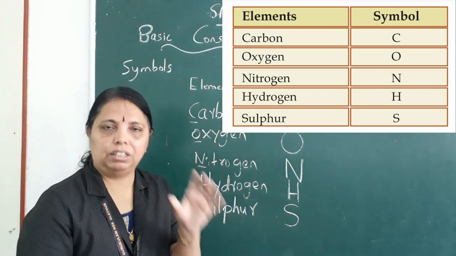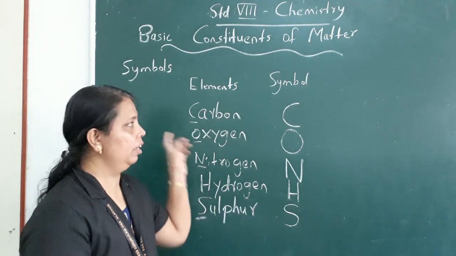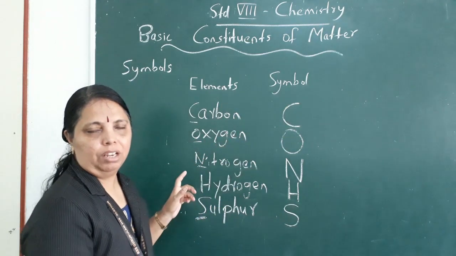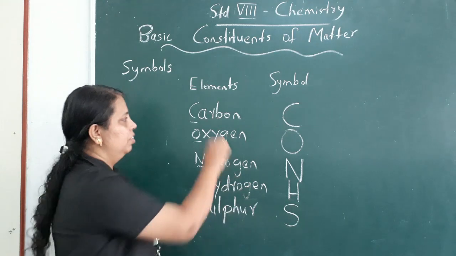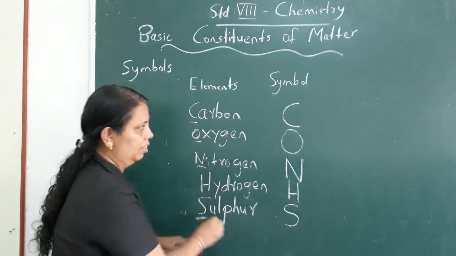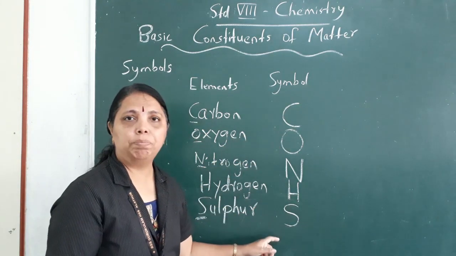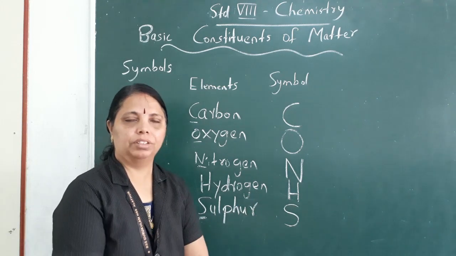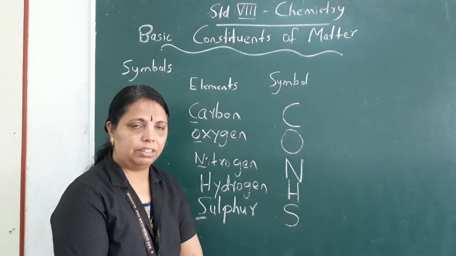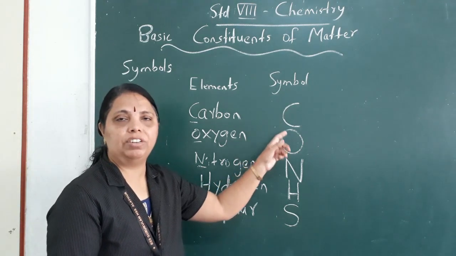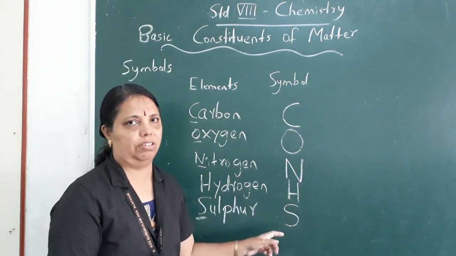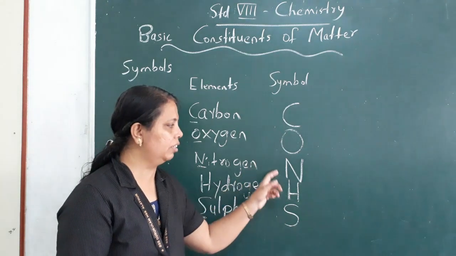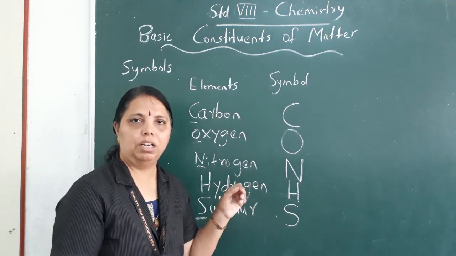The first table given in your book is this. How do we write the symbols? Write the first letters in capital letters. Understood, my dear children? Don't forget, symbols are always written in capital letters. The first letter in capital.